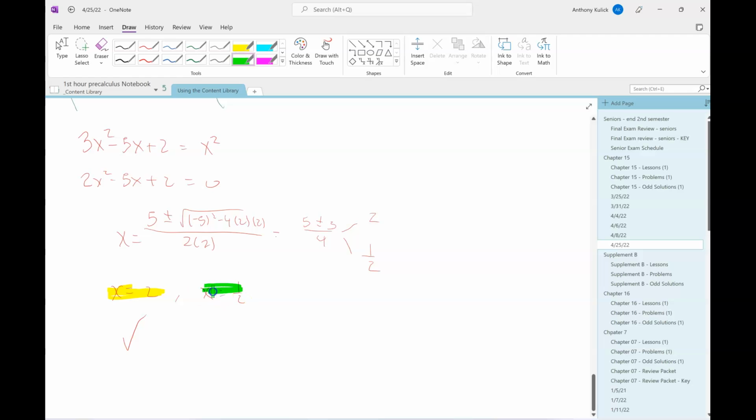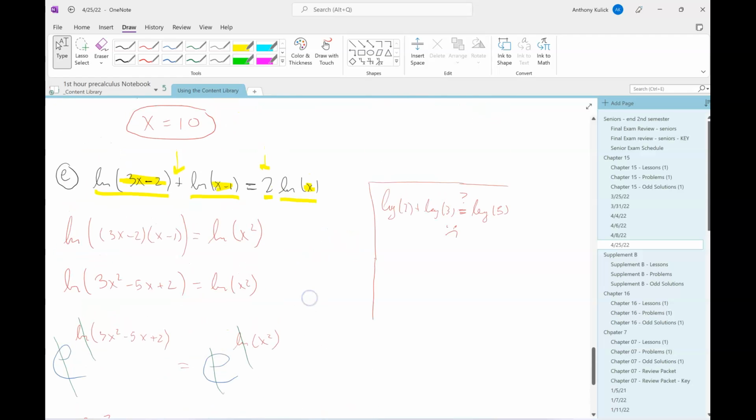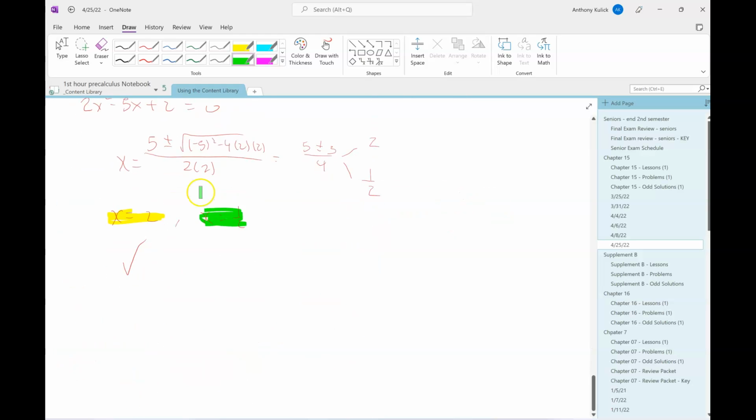Now let's do the same thing for 1/2. 3 times 1/2 minus 2, that's negative. No way. So this one is extraneous. We stop as soon as we find one of them that doesn't work, even if some of them do. If one of the logs gives you a non-positive result, extraneous. Get it out of here.